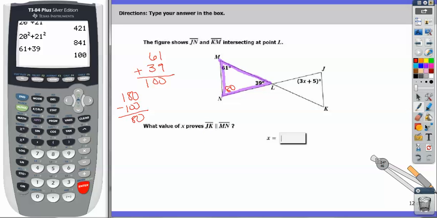Now, if I'm dealing with parallel lines cut by a transversal, that normally tells me a couple of things. I'm going to rewrite my 80. Parallel lines tells me about my z angles and my corresponding angles. Those are my two really big things.